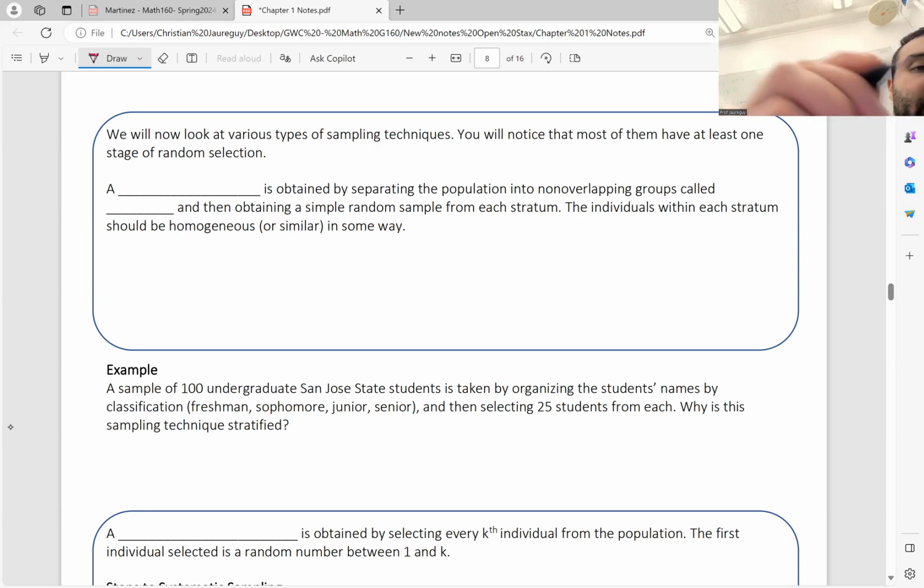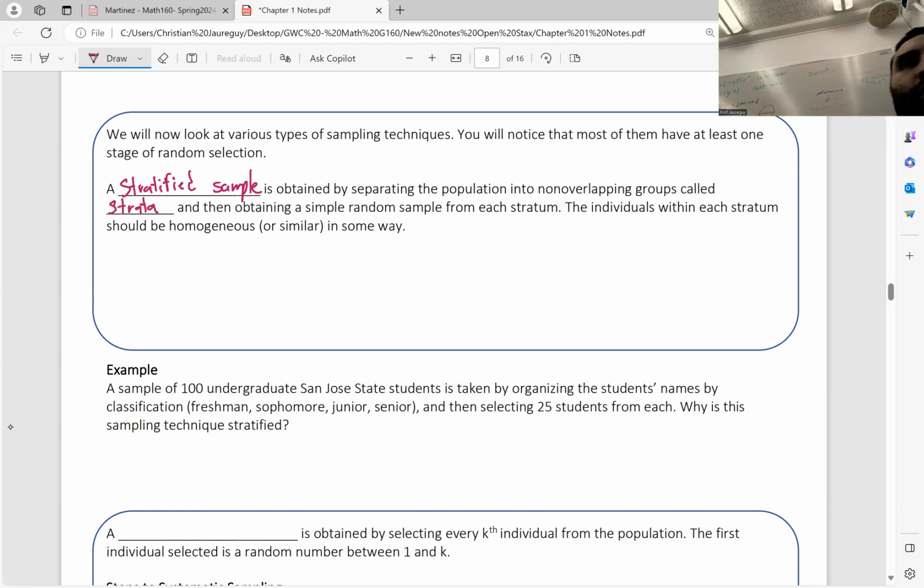A stratified sample is obtained by separating the population into non-overlapping groups called strata. That's kind of old school language. You might have heard that in biology.